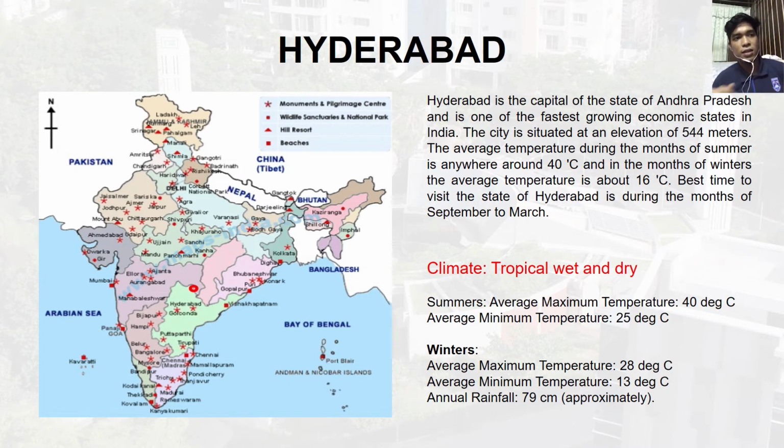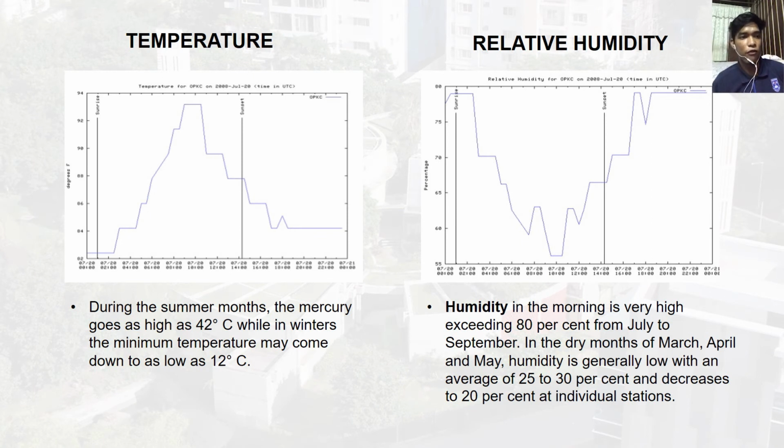Okay, and this is the average temperature in Hyderabad. During the summer months, the mercury goes as high as 42 Celsius, while in winters the minimum temperature may come down to as low as 12 Celsius.